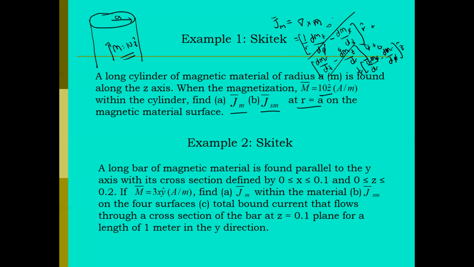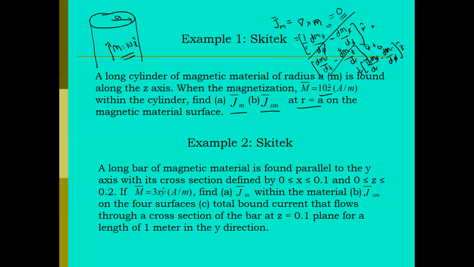So the result of the curl of M for this particular M vector will be zero. As such, there should be no generated bound magnetization current in your structure.